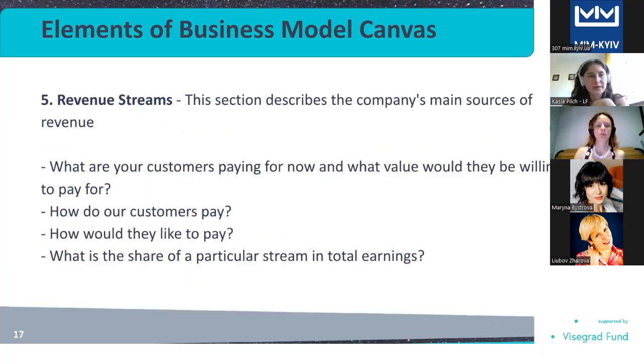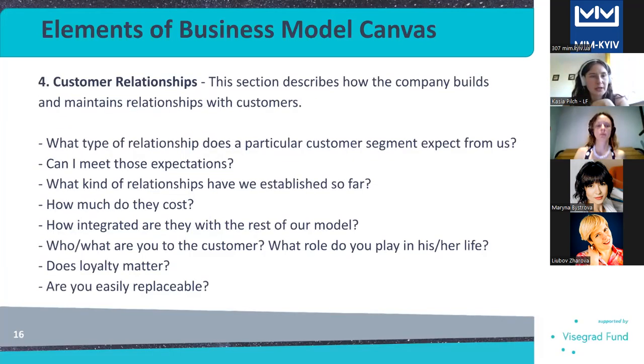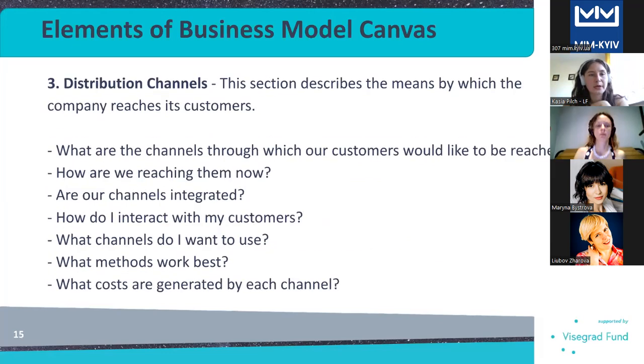Another question is, what channels do I want to use? Not only my customers, but what do I want to use? What is comfortable for me? Sometimes it's good to go out of your comfort zone, but sometimes it's also good to just stay with something that is comfortable for you and that you think works for you.